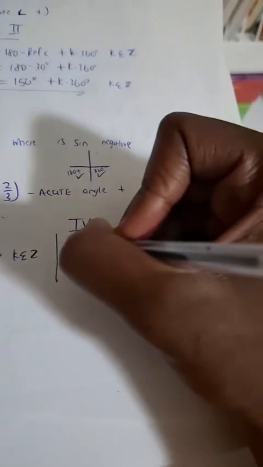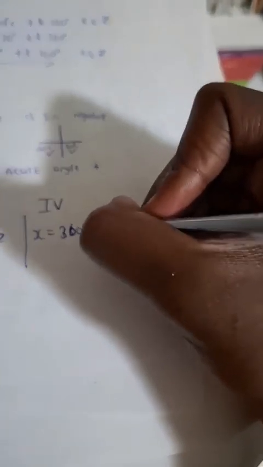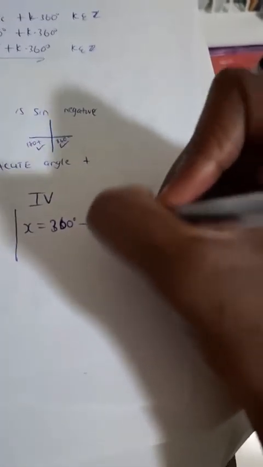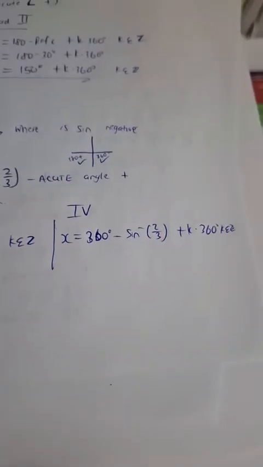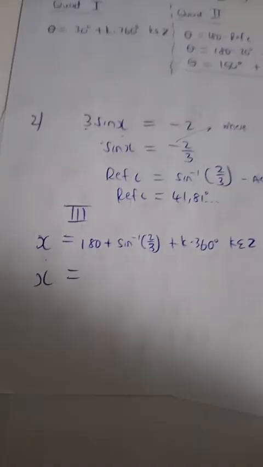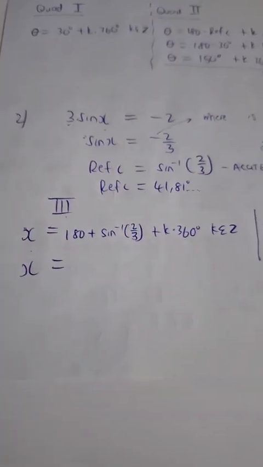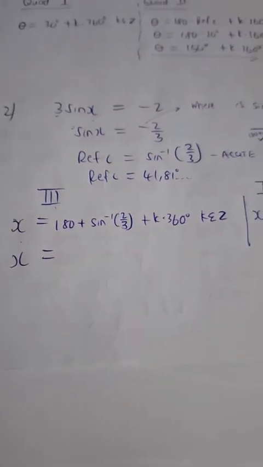We say 180 plus. And then for quadrant 4, we are going to say x is equal to 360 minus sine inverse of 2 over 3 plus k 360, where k is an element of integers. Okay, then we can roll this out in the calculator. What's the answer, guys? x is equal to 180 plus 41,81.